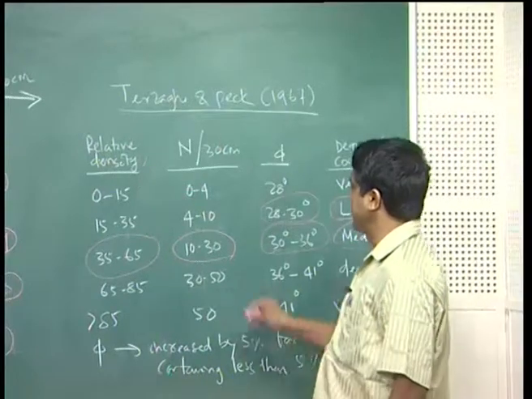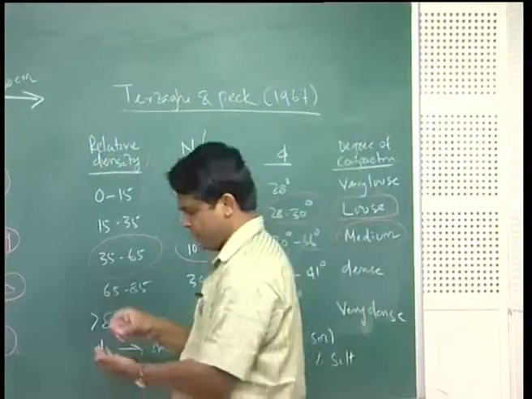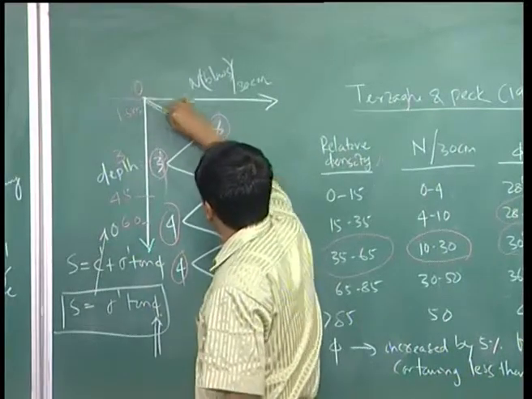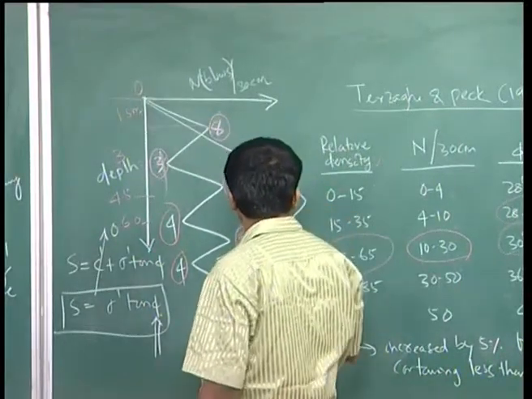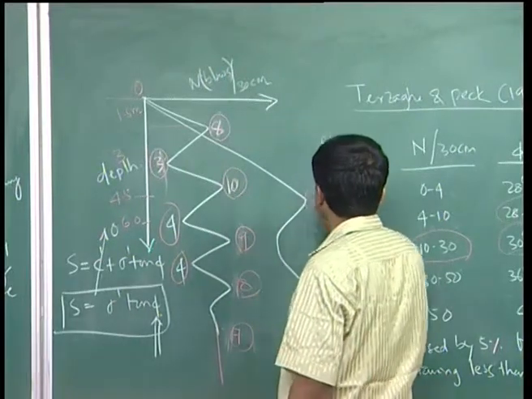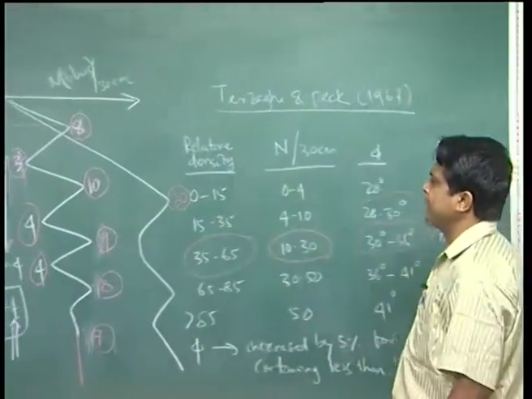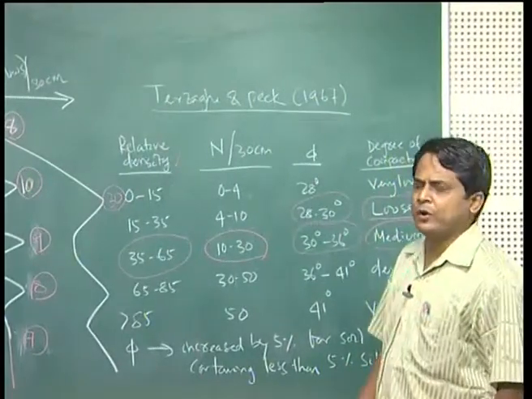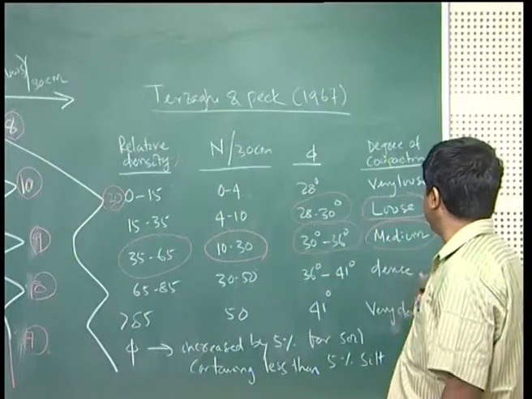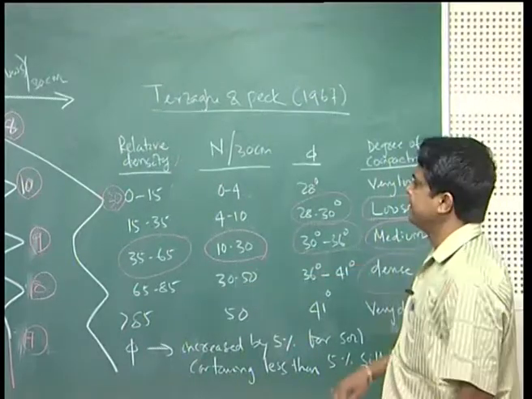If the penetration value is somewhere else, going like this, and it is greater than 30, at 4.5 meter it is greater than 30, or then in that case N is 30. If you look at that, the soil is very dense.